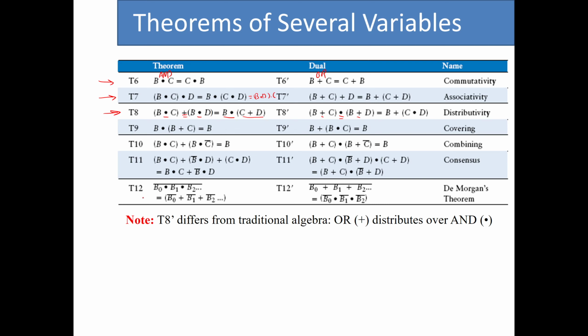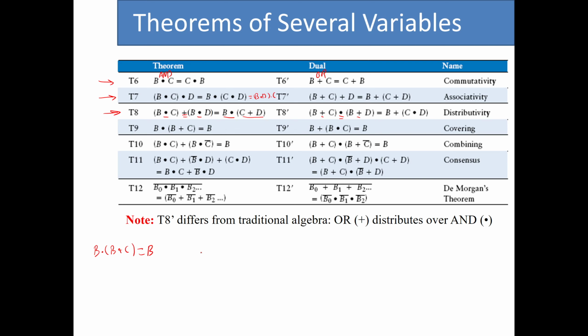So let's try to do it for T9, or the covering theorem. Here it says that B ANDed with B plus C equals B. This is something that you can see is also different from regular algebra, as it's only true since our variables are zeros and ones.